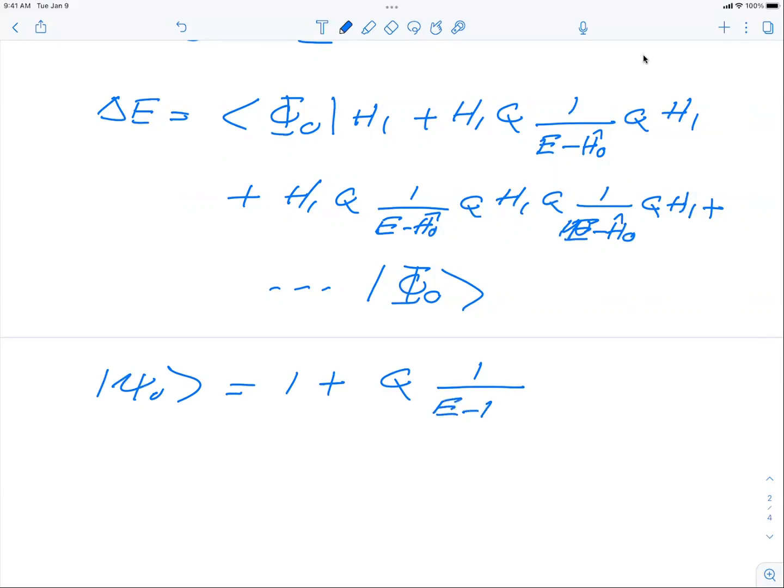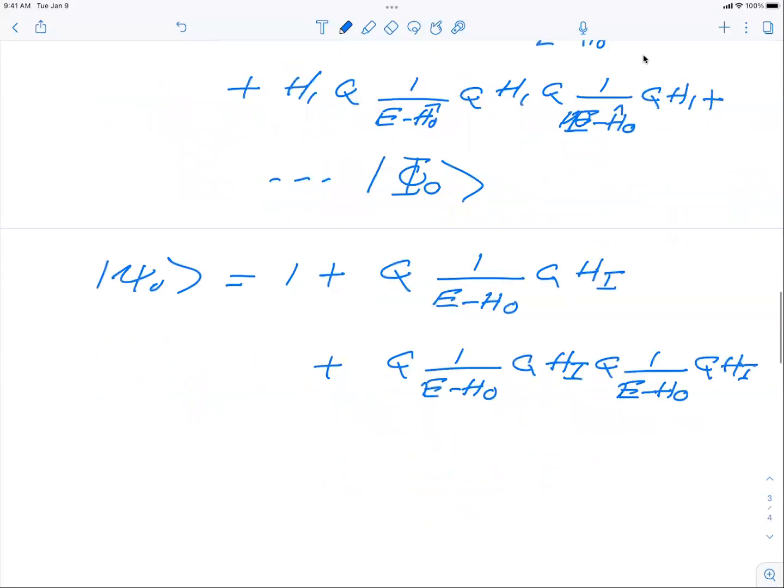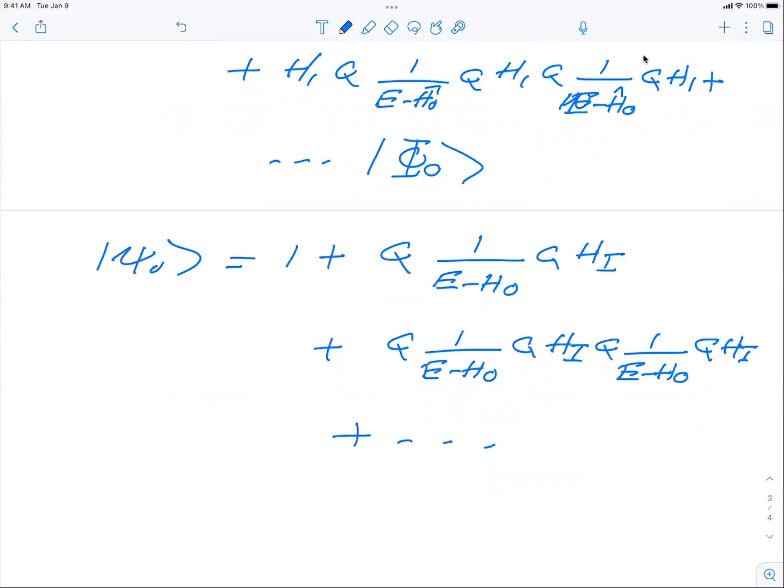So we have E minus H0, and then Q times H1, H of I, plus Q of 1 divided by E minus H0 of Q of H of I. I'm going through this because it gives us a feeling of how the wave function is going to look. And then it just goes on all the way, and this is multiplied with phi 0.